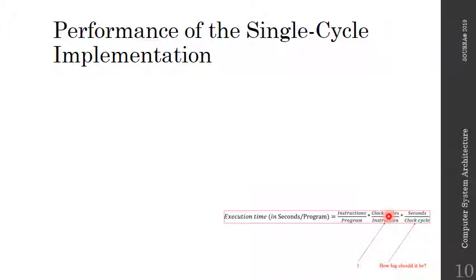If I copy that approach and use it here, all I need to make sure of is that the clock cycle is wide enough to take into consideration the slowest instruction, the longest one, the one that will take the most time. Fair enough?